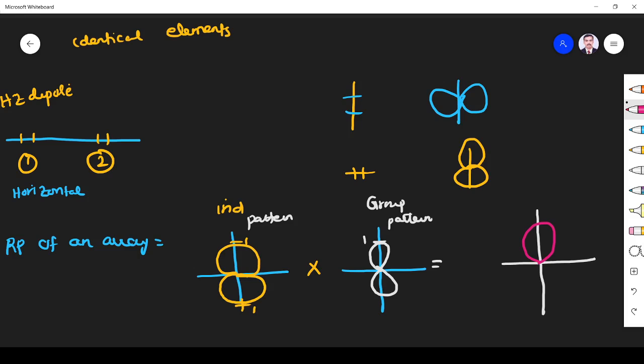What we get is a somewhat narrow beam. When I multiply this one with this one, we get 1 here, 1 here, and 1 here. But here it is a narrow beam. When you multiply a wide beam with a narrow beam, what you get is a narrow beam only.